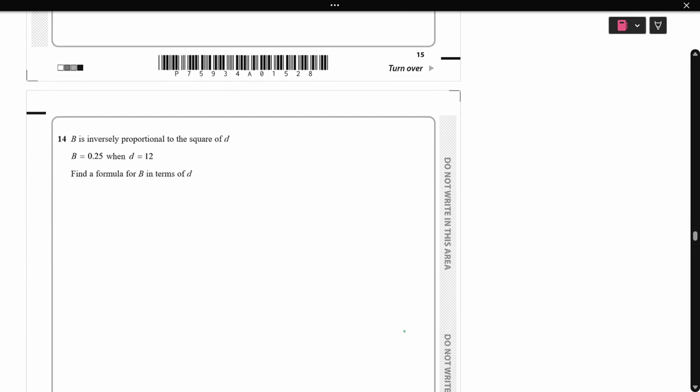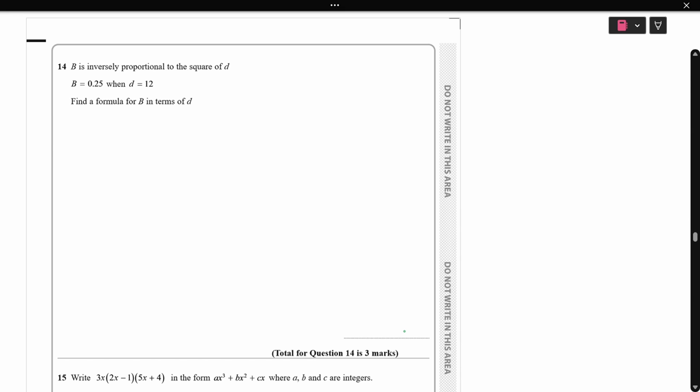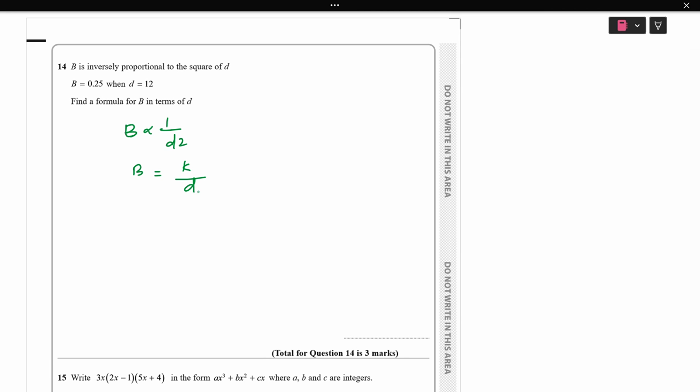Okay, so the next question is an inverse proportional question. B is inversely proportional to the square of D. So B equals K over D squared. We have values B equal to 0.25 when D is 12, so 0.25 equals K over 12 squared.